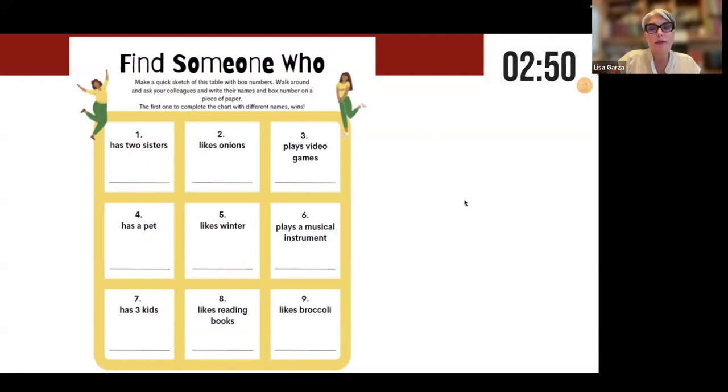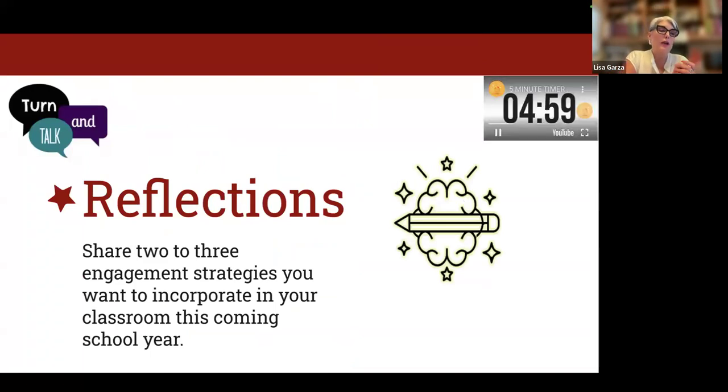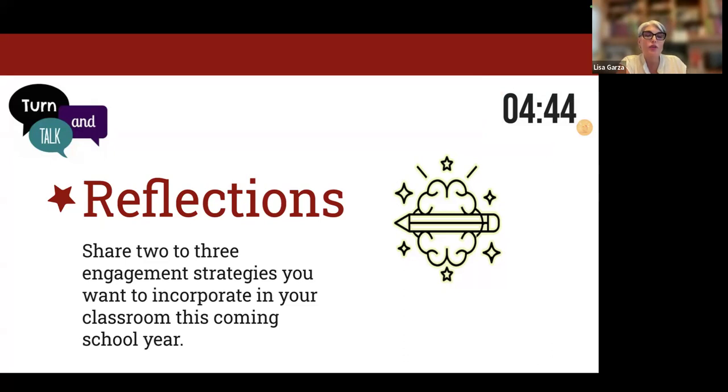All right. So let's go ahead and have you share 2 or 3 engagement strategies that we talked about today that you want to incorporate in your classroom this coming year. I'm going to put the timer on for 5 minutes, but take 2 minutes to reflect silently, and then we'll do a turn and talk.